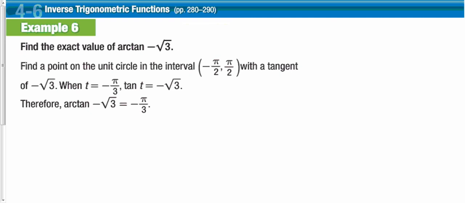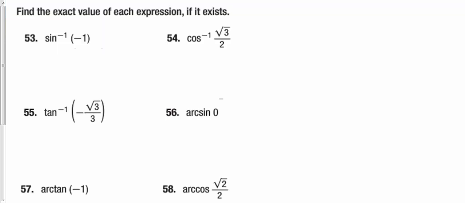Okay. So the question you're going to get is like this: find the exact value of an arctan. Remember to find a point on the unit circle with that tangent and figure out which one of those is within the interval. The questions that you're going to get are going to look something like this.